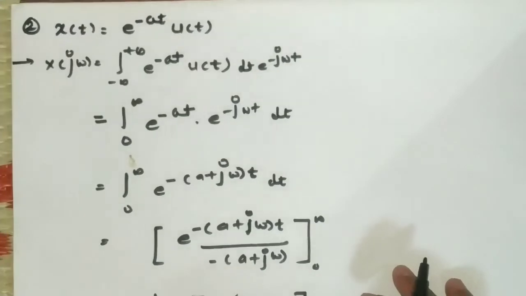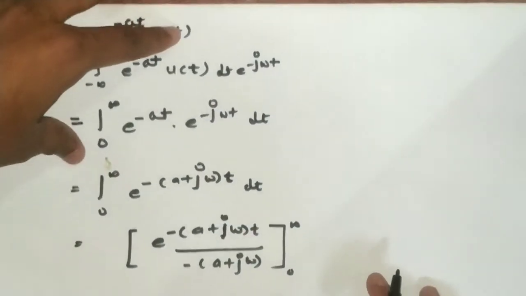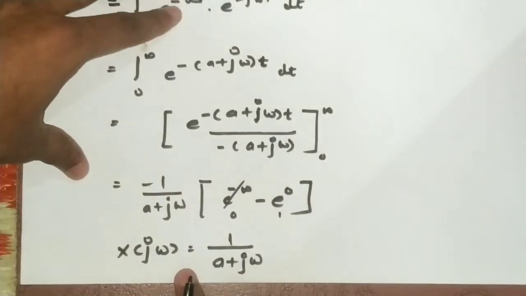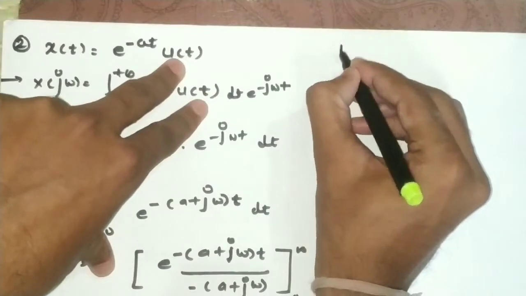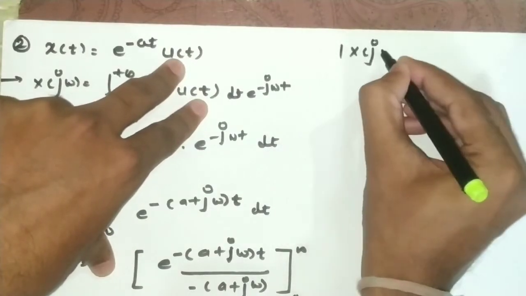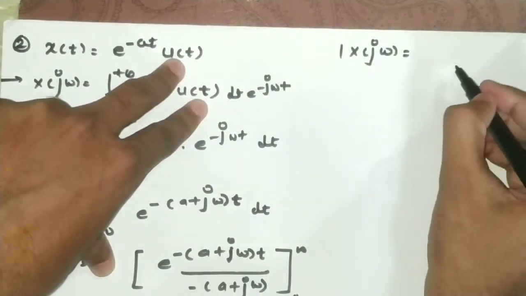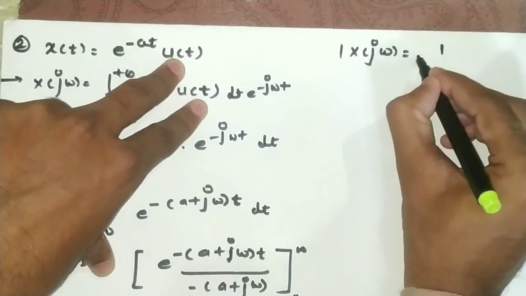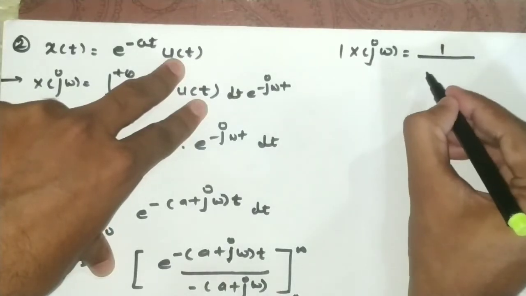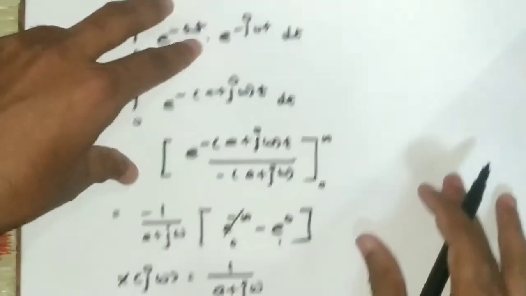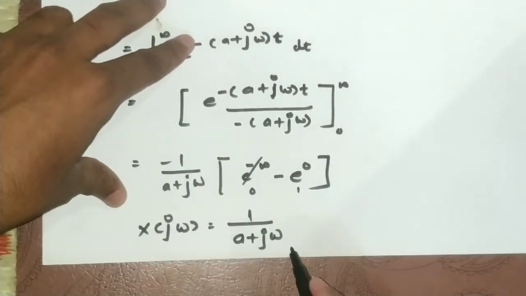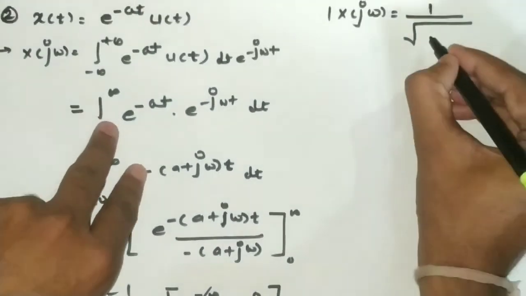Now let us draw its magnitude and phase spectrum. For drawing the magnitude spectrum, we'll write the term mod X(j omega) equals 1 upon the square root of a square plus omega square. Now we have real term a and imaginary term omega, so we square the terms.